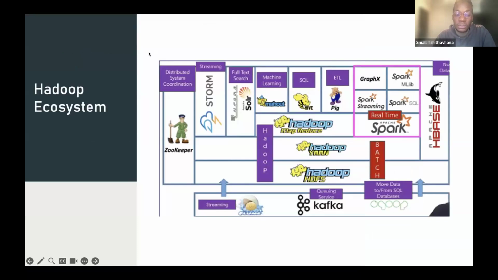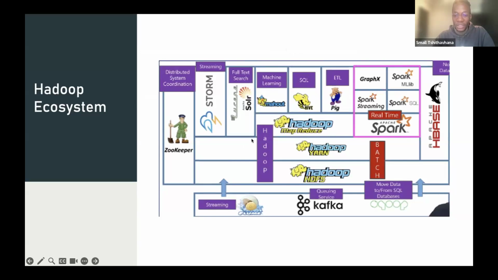Hadoop was actually the first open source product when it comes to big data. Now it's commonly known as MapReduce, because you can think of it as a basket. It actually started small, and then a lot of applications started being added to it.